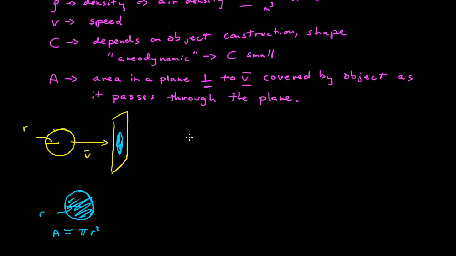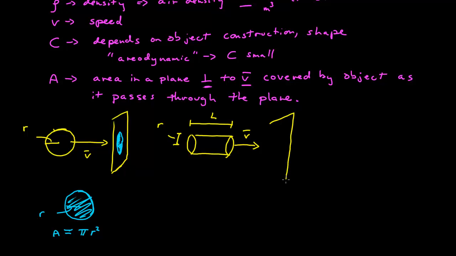Let's do a couple more. Imagine a cylinder with length L and radius r, and it also has a velocity off to the right, and it's going through this plane that's perpendicular to its velocity.